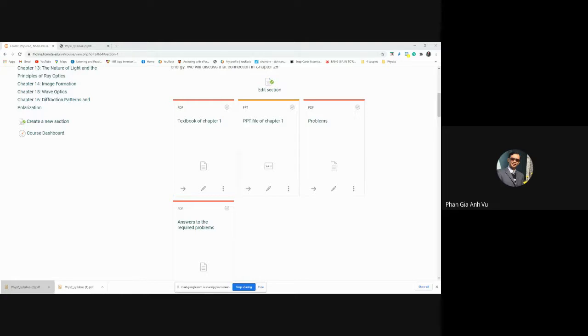Okay? Now about the midterm score. One part is the score based on your number of solved problems. The second part is the online quizzes. The third part and the most important one is the paper test. You have 2 paper tests in the semester.